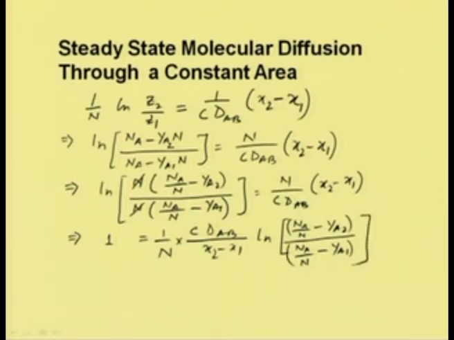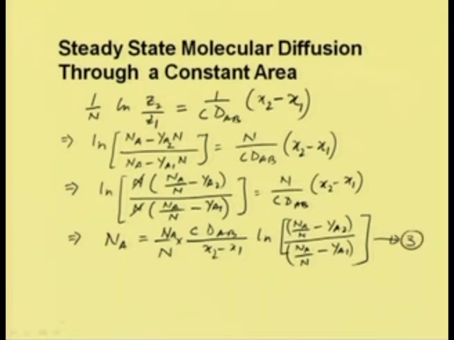So, if we multiply both sides by NA, these equations will become NA and NA by N. So, this is equation 3.